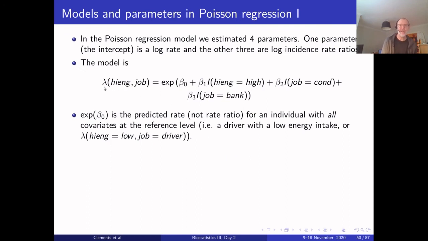Because we still assume that the rates are constant over time, the rates are assumed to be a function of both high energy and job. So this rate is equal to the exponential of the intercept term plus the main effect for high plus the main effect for conductors plus the main effect for bank workers.